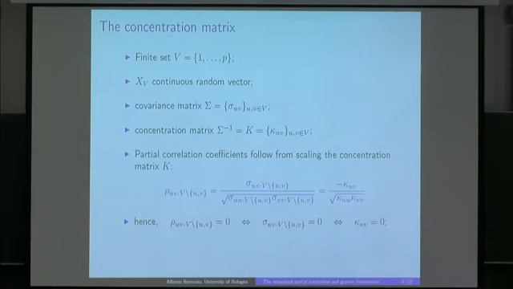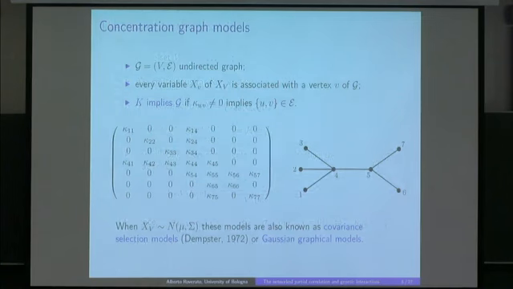Now, it is obvious that if I want a zero partial correlation, I can check for a zero partial covariance, and it is equivalent to a zero off-diagonal entry of the concentration matrix. And when the vector is normally distributed, then a zero partial correlation is equivalent to conditional independence of the two variables given all the remaining variables. But here I only look at linear relationships. I don't need the normal distribution.